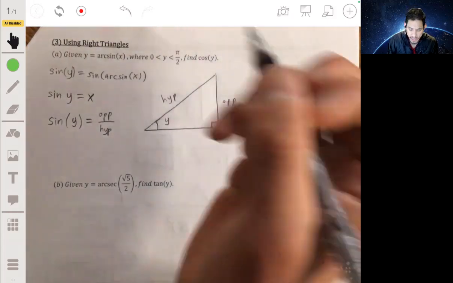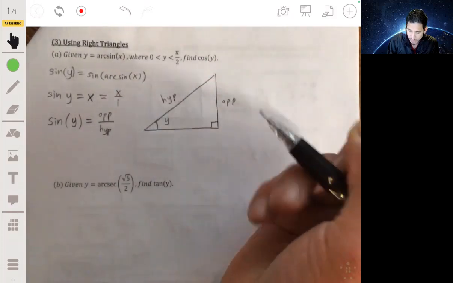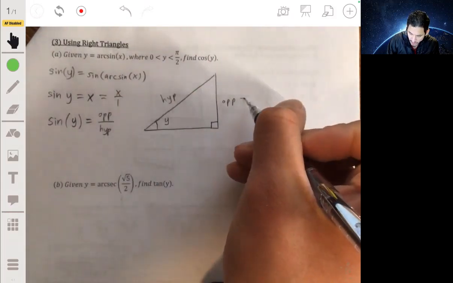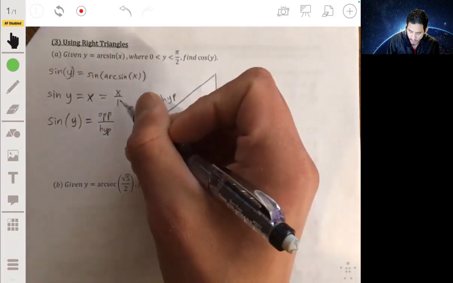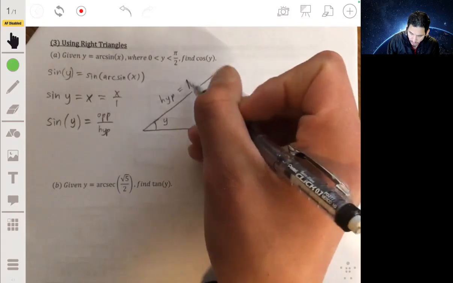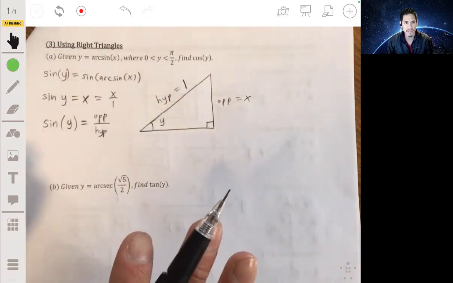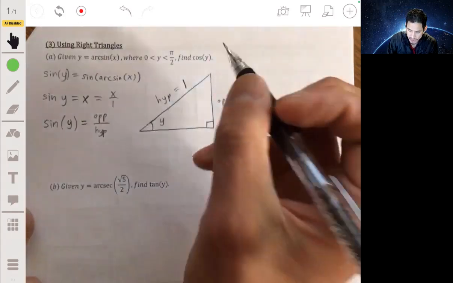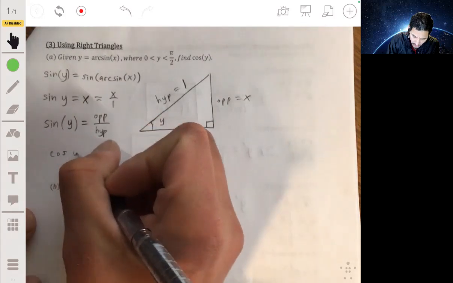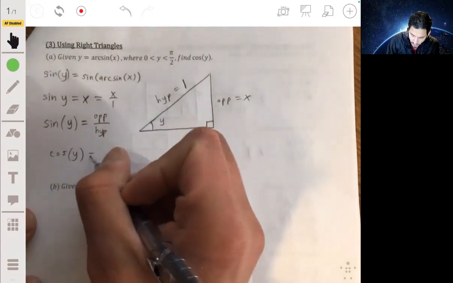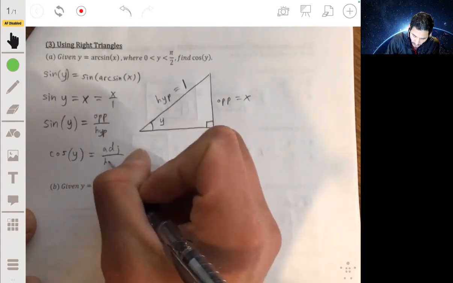And then if the sine of y is x, we can write x as x over 1. So x is going to be the length of the opposite side, and the hypotenuse will just be 1. Now, this is going to seem weird at first, but let's stick with it, because then we can write the cosine of y as the adjacent side over the hypotenuse.